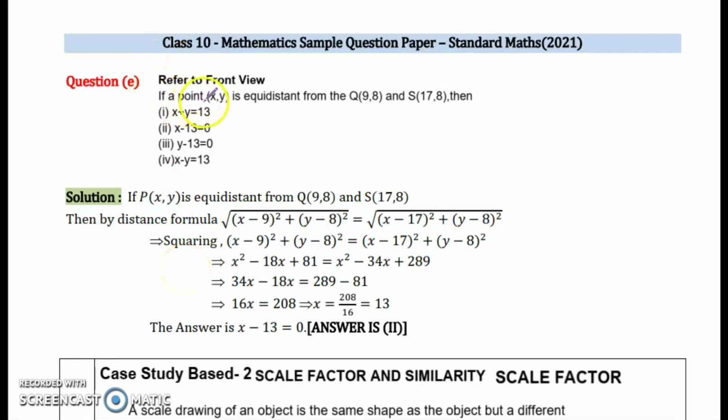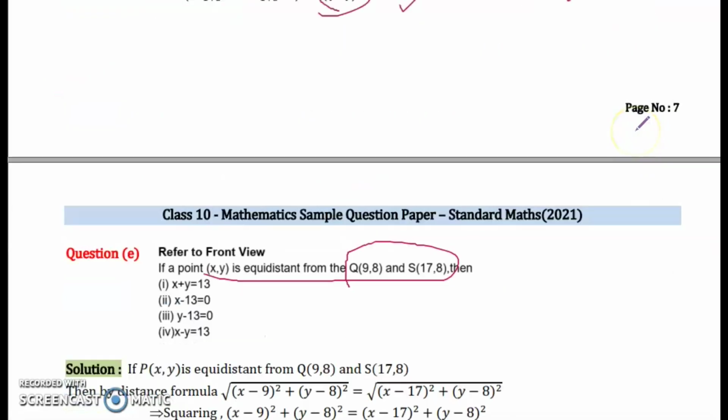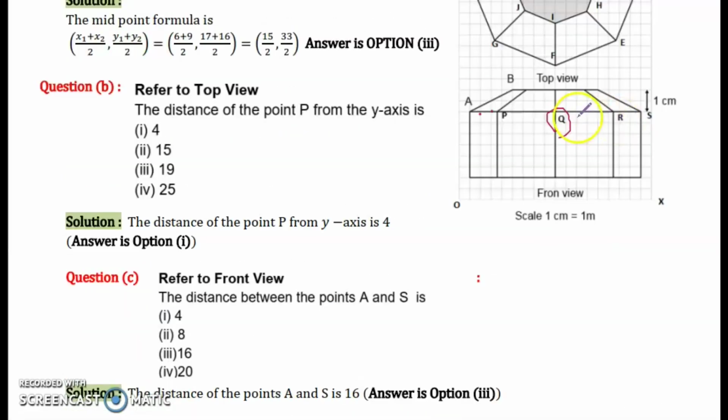If a point x comma y is equidistant from the points Q 9 comma 8 and S 17 comma 8. See the diagram here, Q as well as S. Therefore, A, P, Q and S are in the same positions, so naturally only the x coordinate changes.